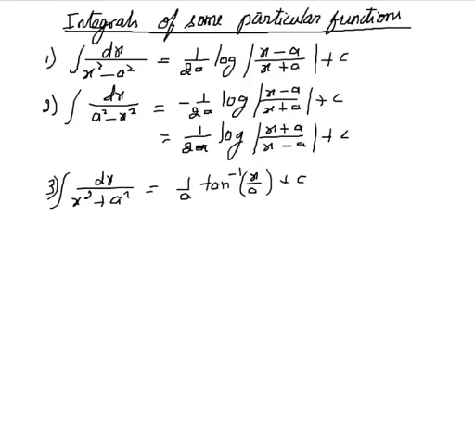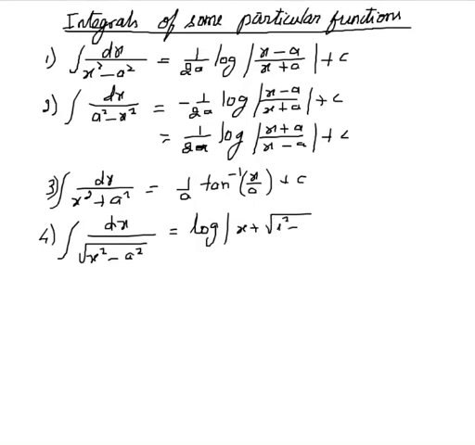plus c. Fourth formula, integral dx by root of x square minus a square is equal to log of x plus root of x square minus a square and plus c.